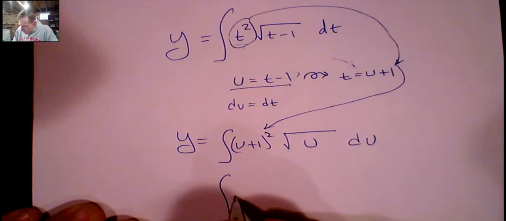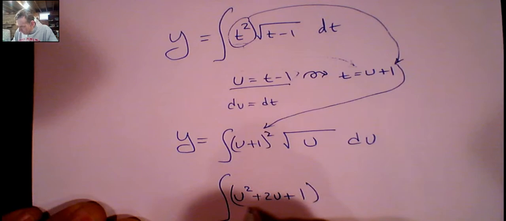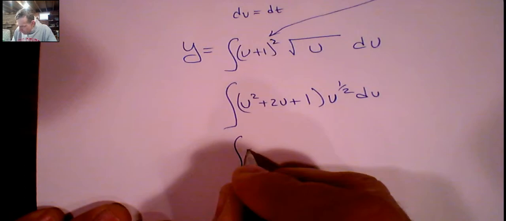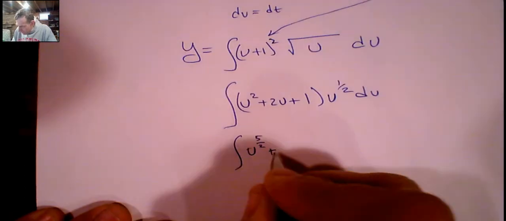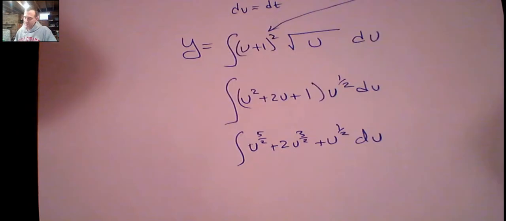Okay, so we have u squared plus 2u plus 1 times u to the 1/2. So this becomes u to the 5/2, 2u to the 1/2. You can do this now, so I'm not going to.